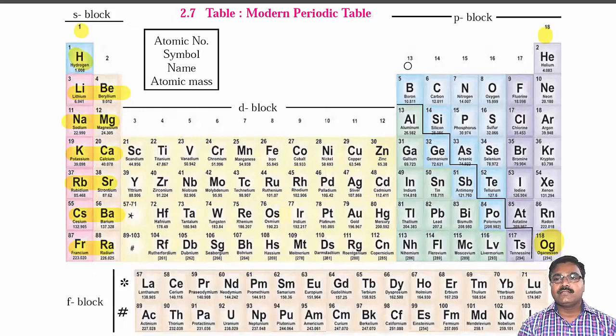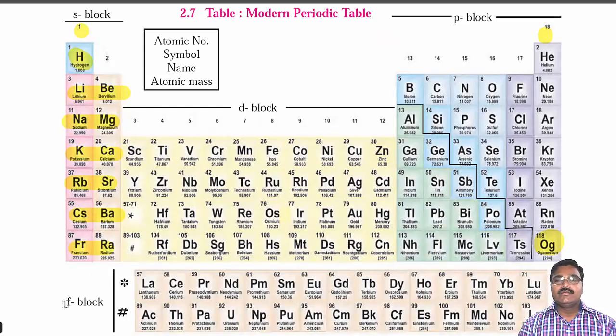Then groups 13 to 18 are the p block. And the elements kept below the periodic table, known as the lanthanide series and actinide series, are named the f block elements.